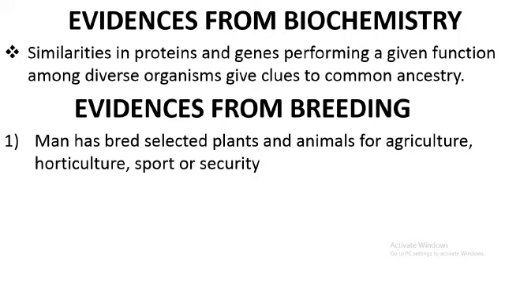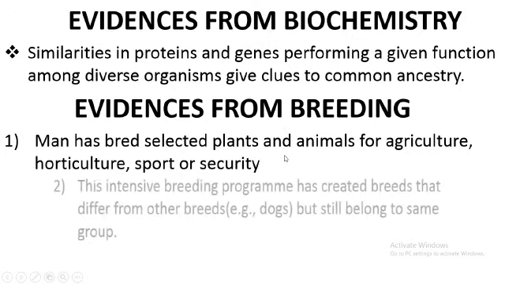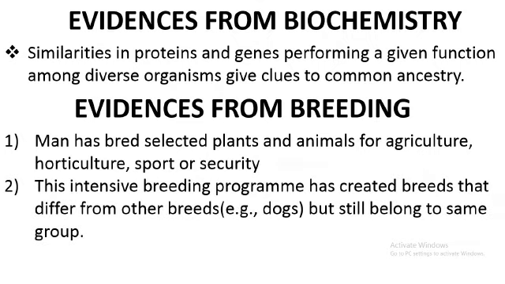But all of them are interrelated and have almost common ancestors. So breeding has given evidence that different animals are interrelated, and evolution is because of this interrelationship and modification. So this is with reference to evidences from breeding.